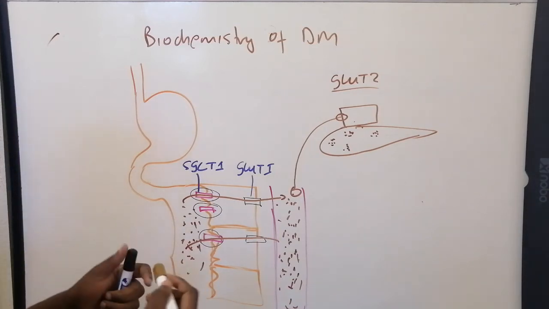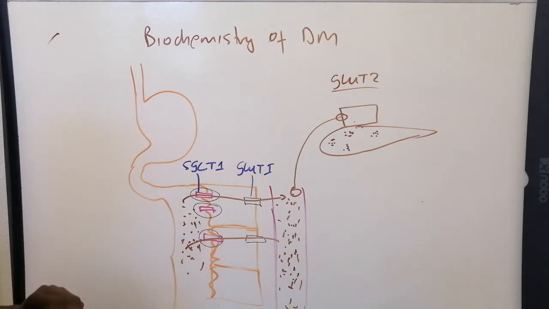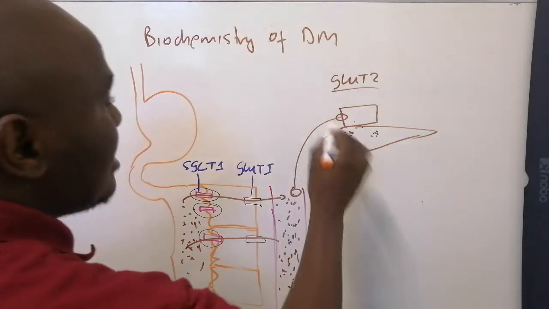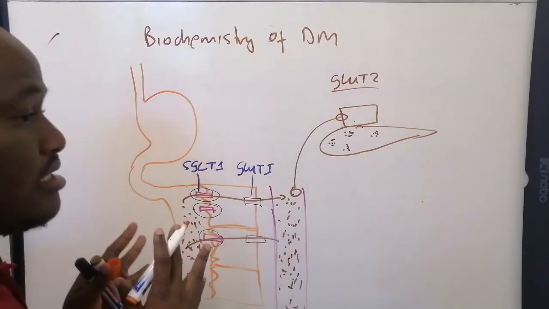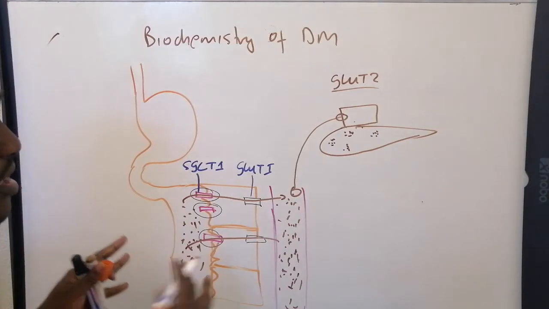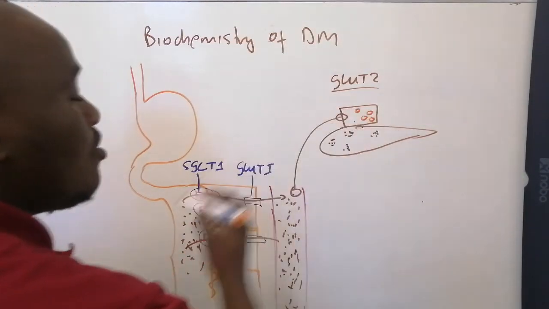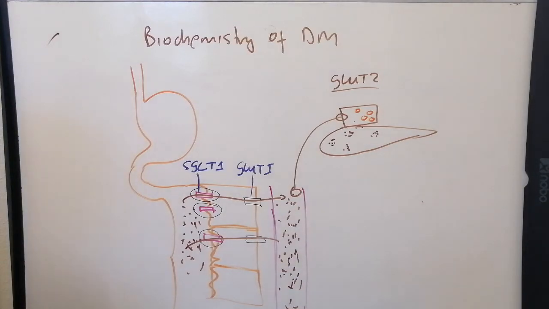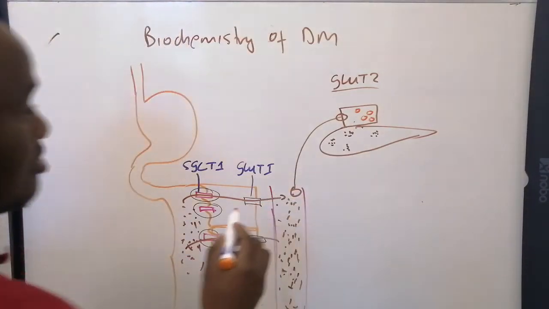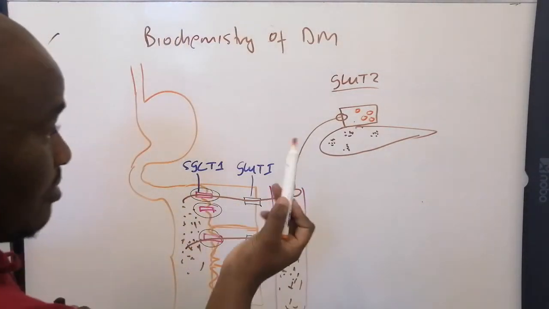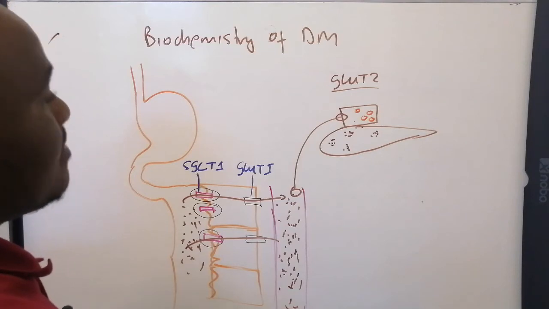Remember, the main function of beta cells is to synthesize and store insulin in vesicles or granules. So now we've got insulin inside. I'm going to represent insulin with this orange marker.